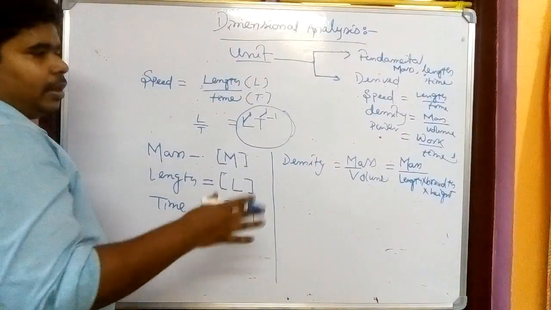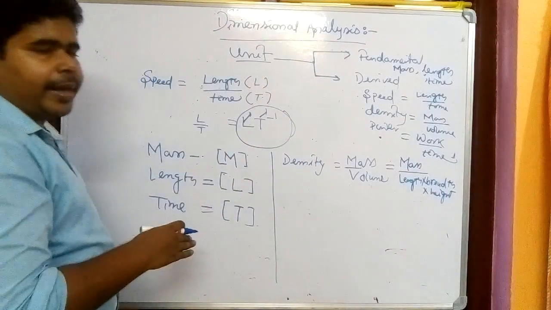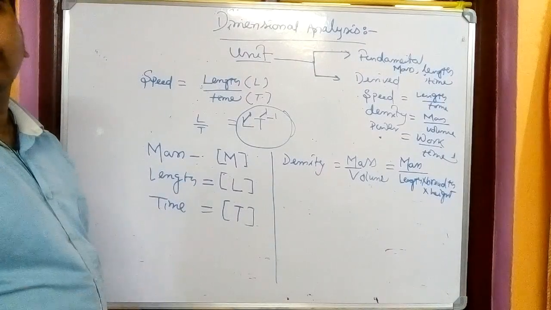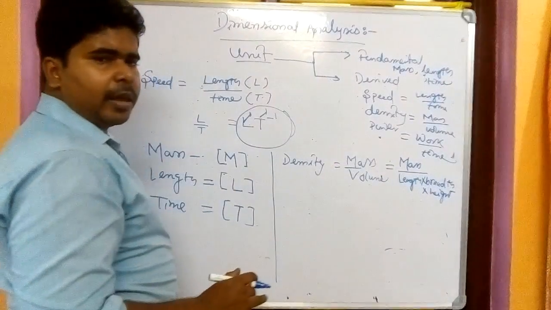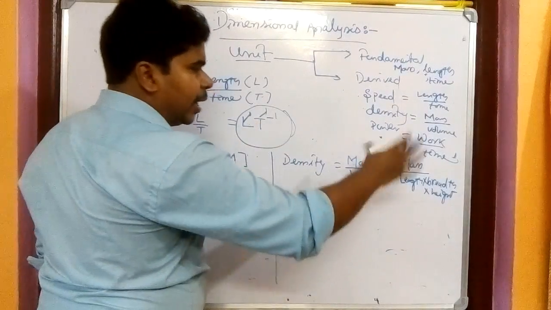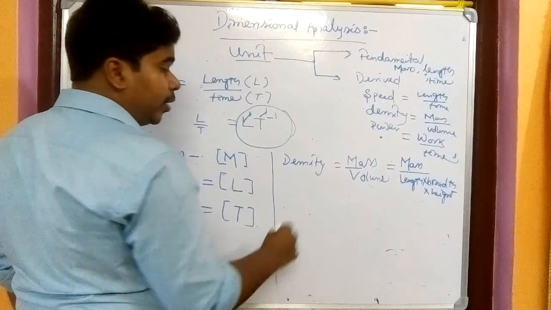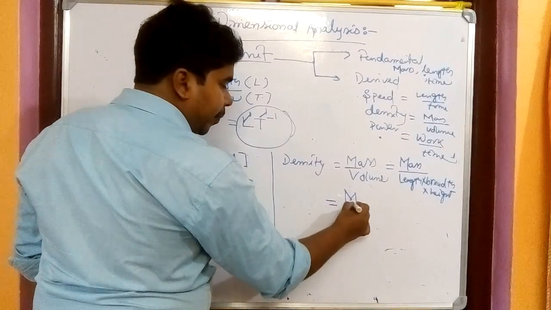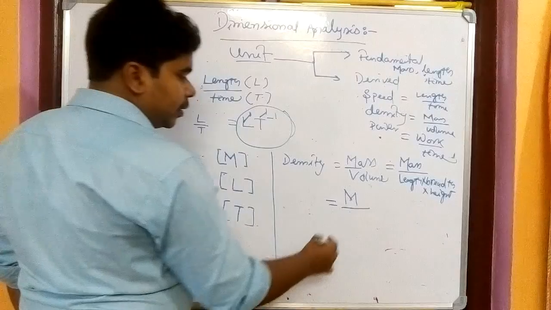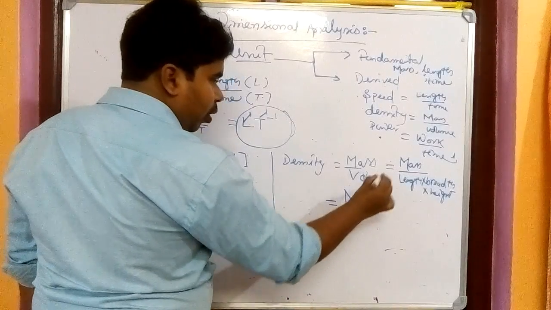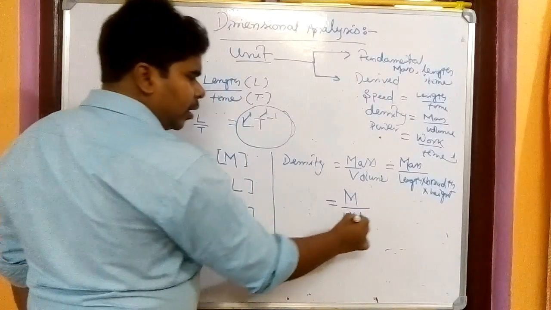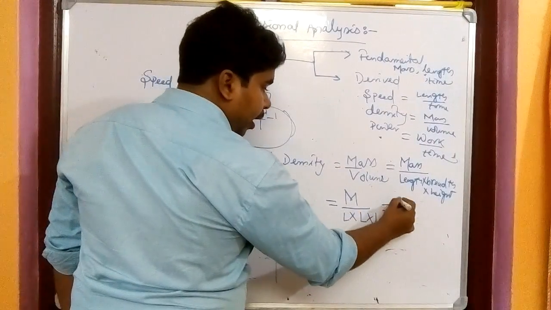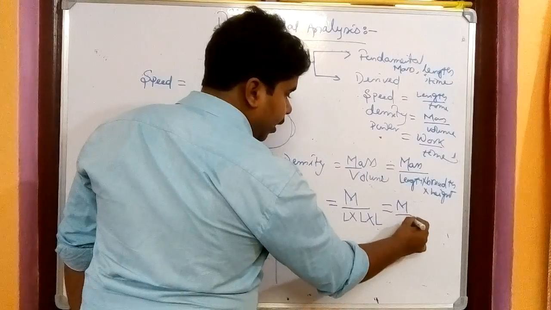See, length, breadth and height, everything is measured by the unit of length only. So if I write the dimension of density, for mass it is M, for length L, for breadth also L, for height also L. So it will come M by L cube.